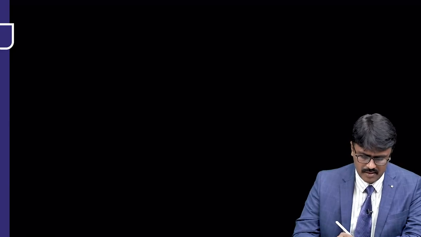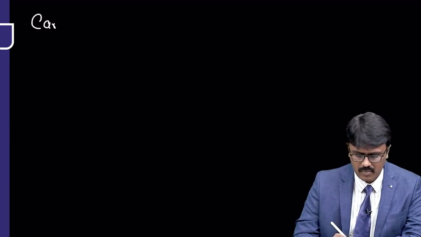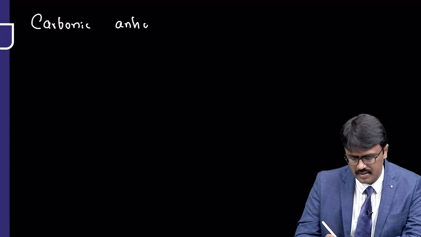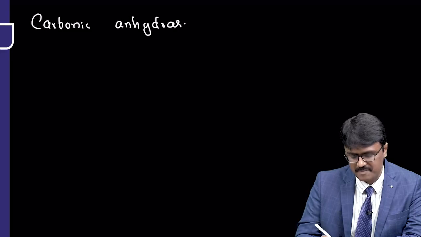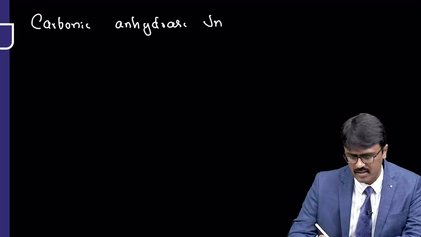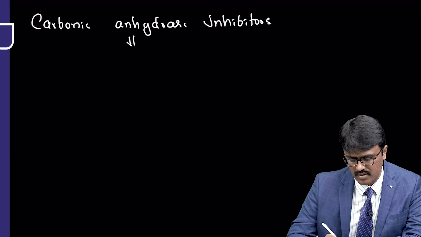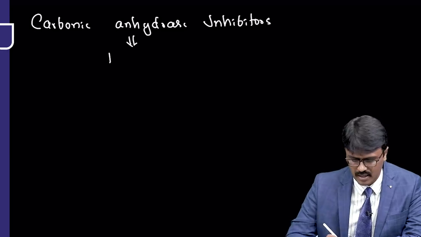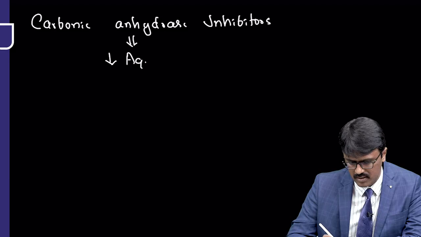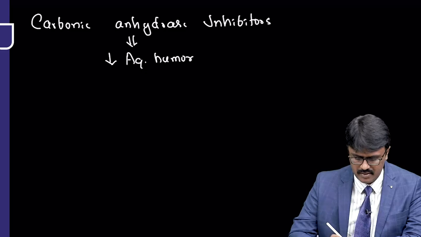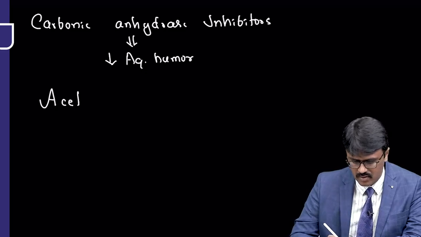The next target, as I was telling you, the D, they are called carbonic anhydrase inhibitors. So their role is to decrease aqueous humor production. Now what are the drugs here?